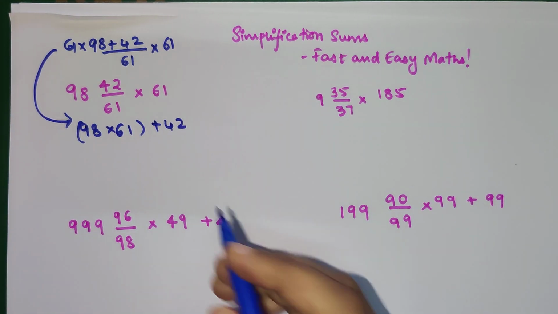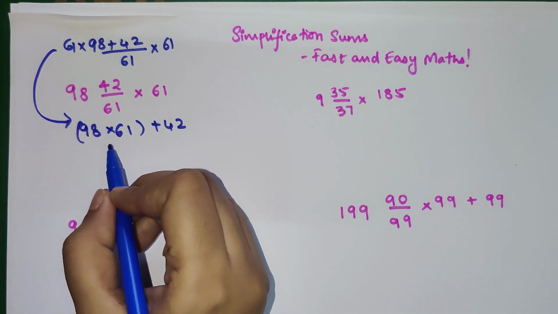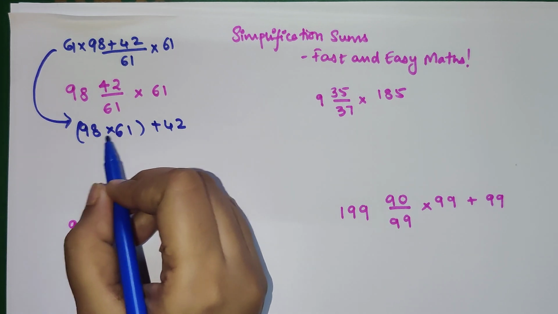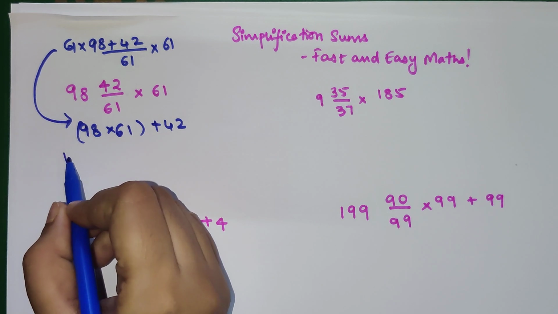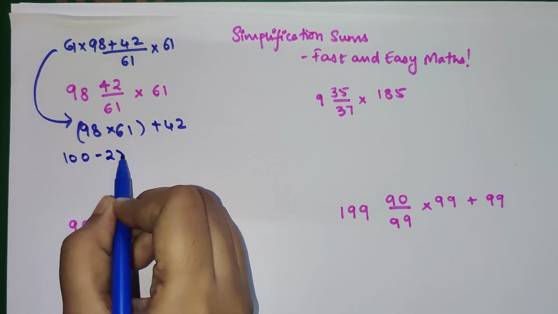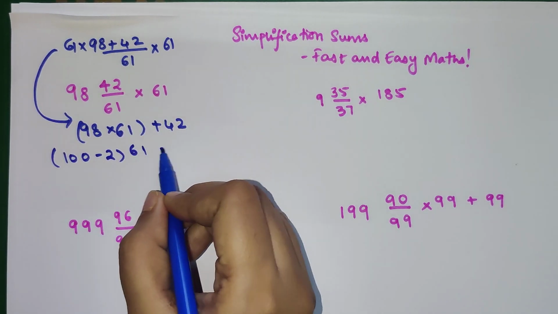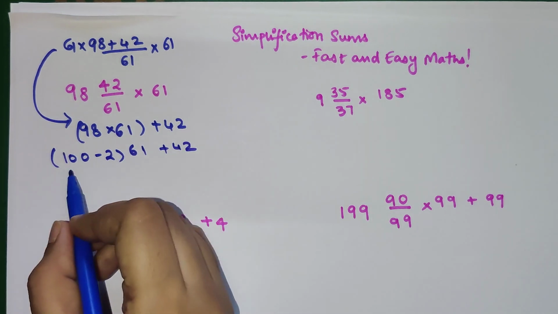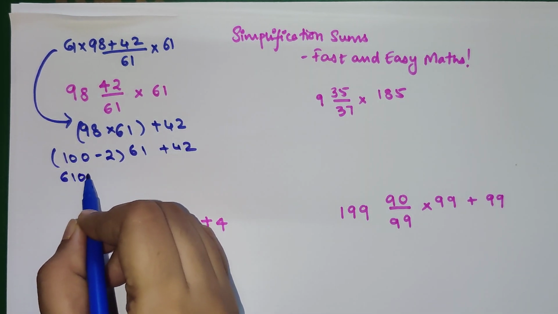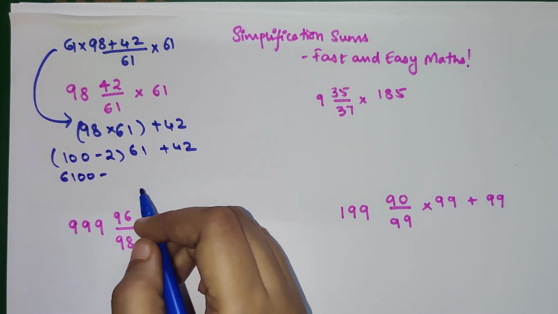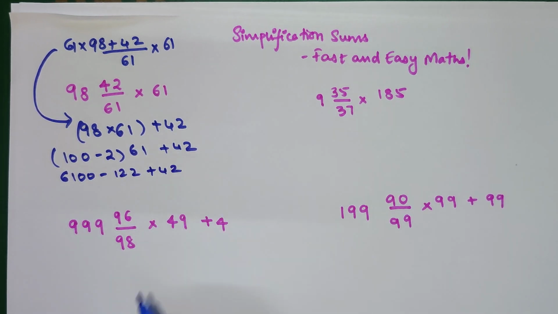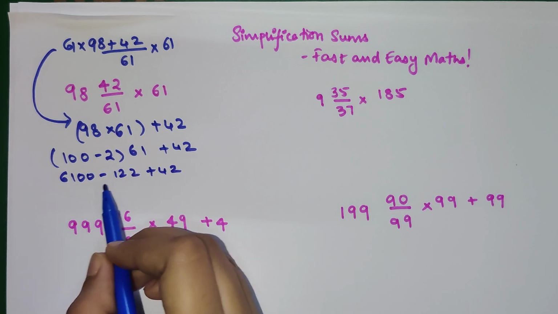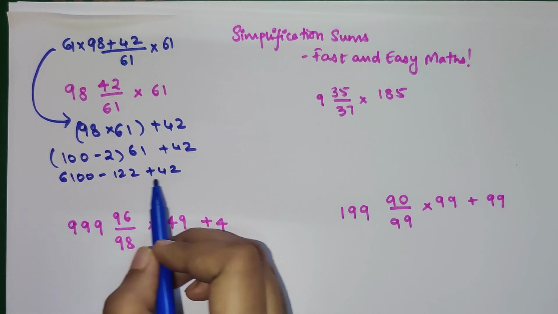Now over here, normally students start multiplying. But if you look closely, 98 is very close to 100, so 100 minus 2 into 61 plus 42, so you get 6100 minus 2 into 61 is what? 122 plus 42. So now instead of doing this subtraction, you do this and this first.